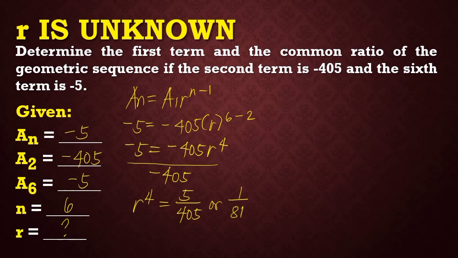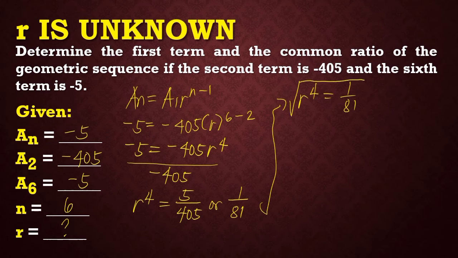So, bakit naging 1 over 81? Kasi po yung greatest common factor ng 5 and 405 is 5. So, 5 divided by 5, that is 1. 405 divided by 5, that is 81. Now, we rewrite. So, r raised to 4 is equal to 1 over 81. Then, we extract both sides.